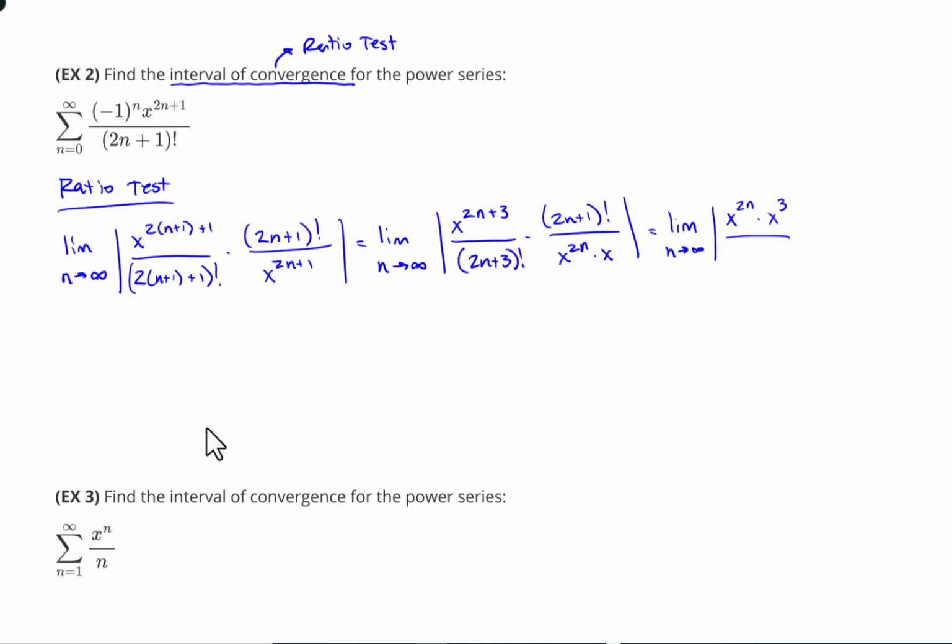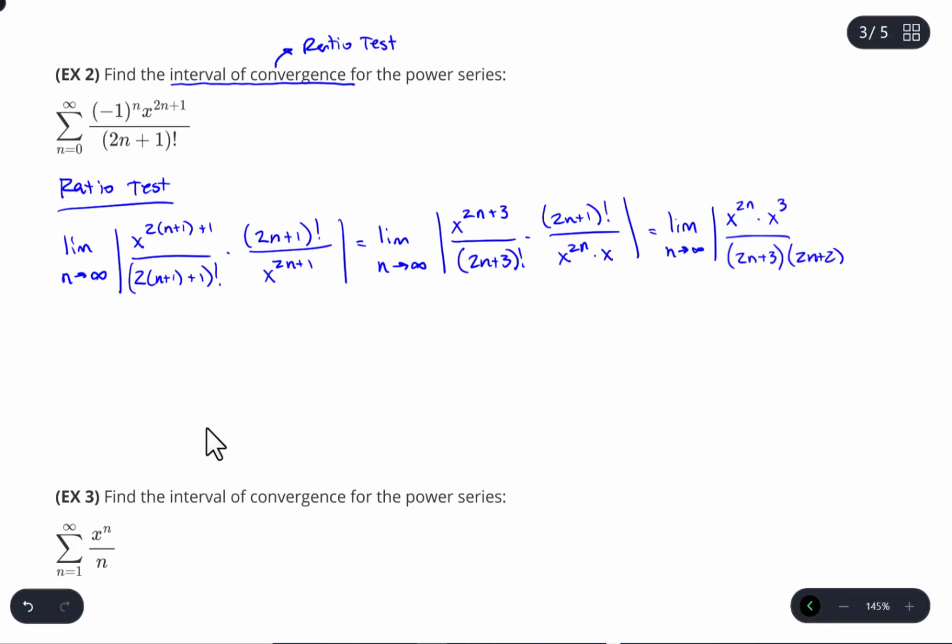And this factorial, you can always pull off the top items of a factorial and leave the remaining terms. So if I take 2n plus 3 off the top, that would leave me 2n plus 2 factorial. Then I'm going to take 2n plus 2 off the top of that, leaving me 2n plus 1 factorial.